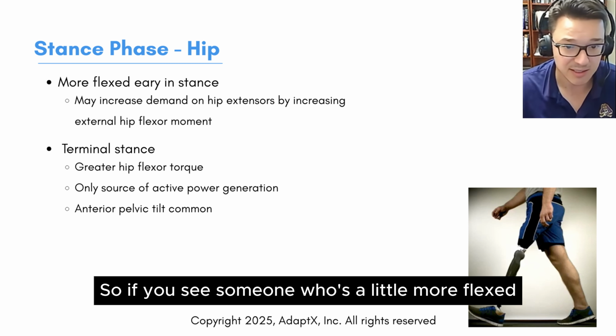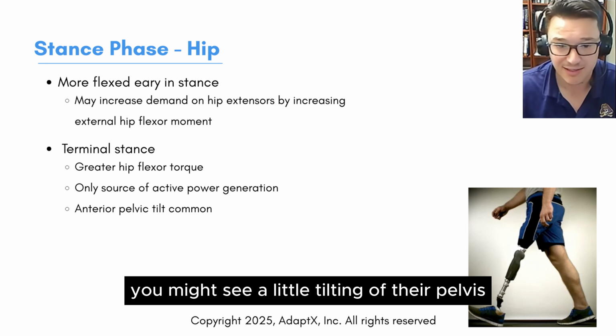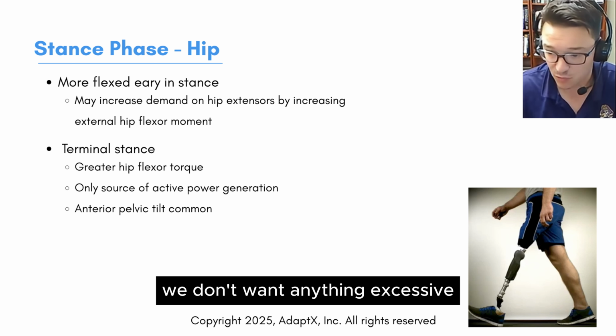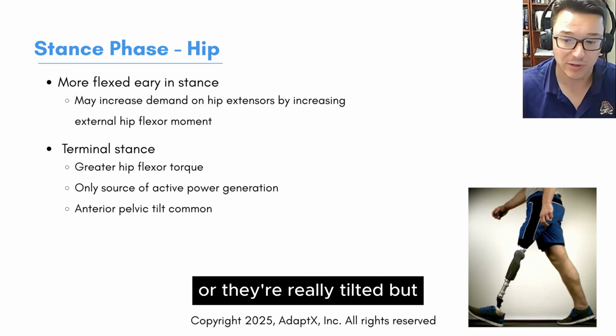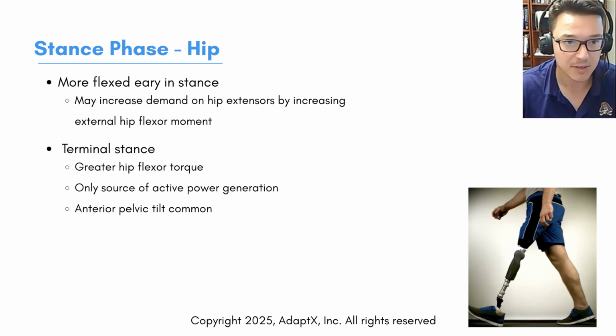So if you see someone who's a little more flexed and also you might see a little tilting of their pelvis, that's not uncommon. We don't want anything excessive where they're really flexed forward or really tilted, but those are not uncommon things when they walk.